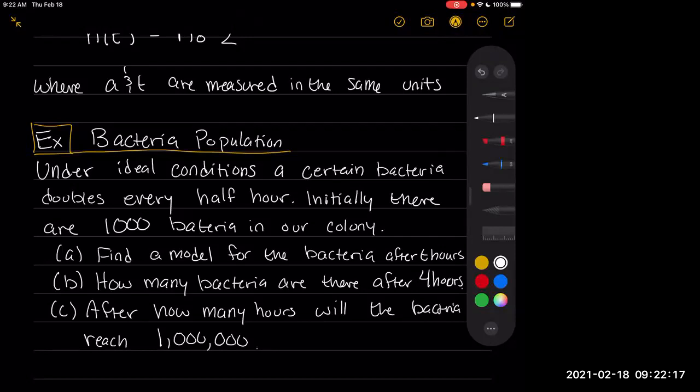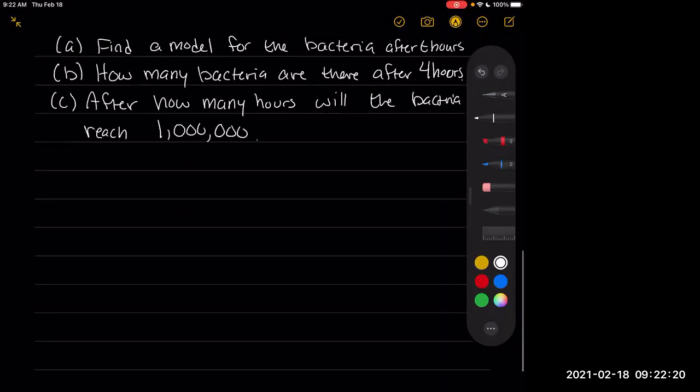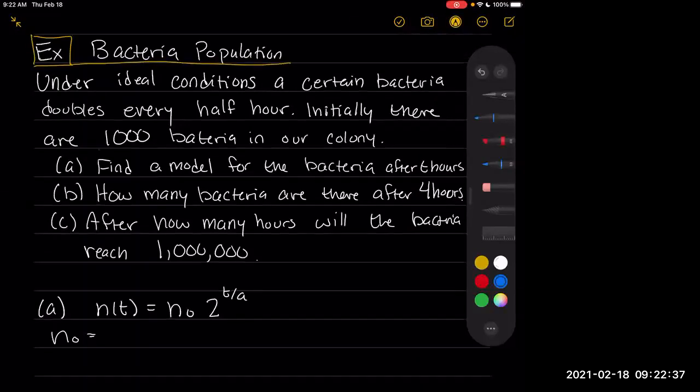So let's start with finding our model in part A. We know our base formula N of t equals N naught times 2 to the t over a. Here N naught is 1,000, and a is every half hour, or 1/2.